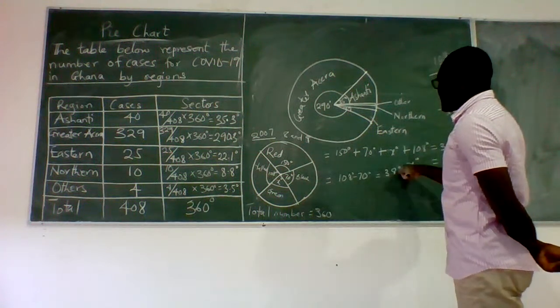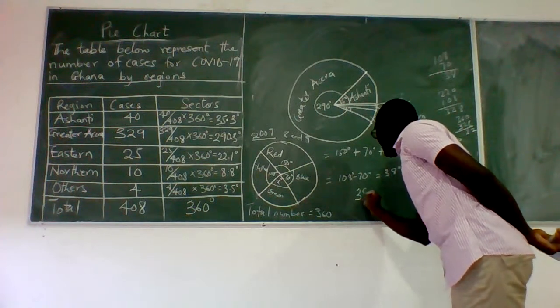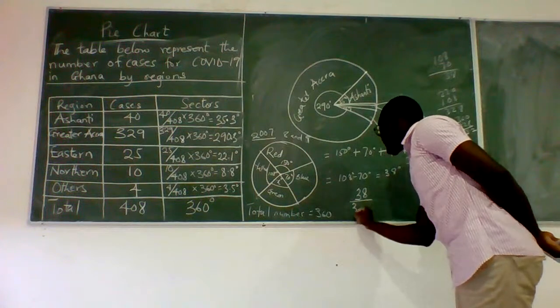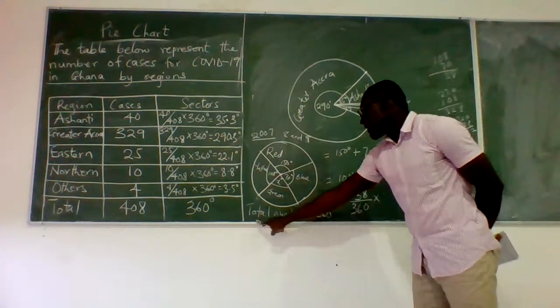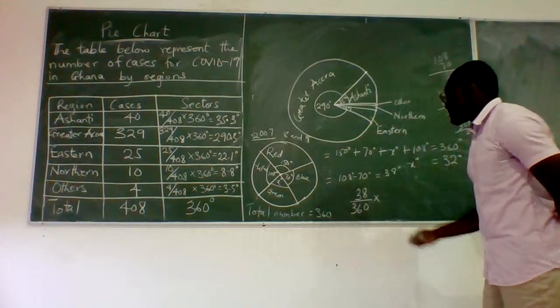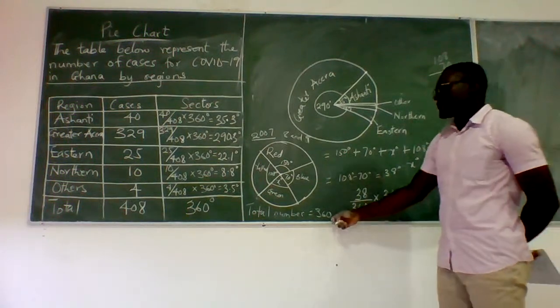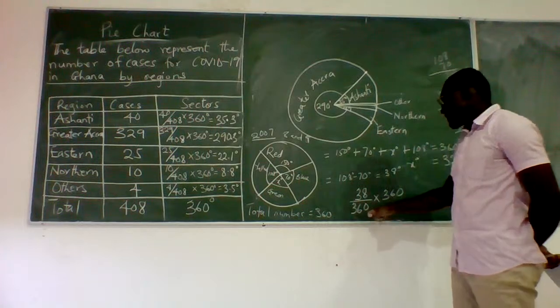So 38 degrees means 38 over 360. And then you multiply that by the total number of students. Here the total number is 360. Here it is straightforward because the total number is the same as the denominator.